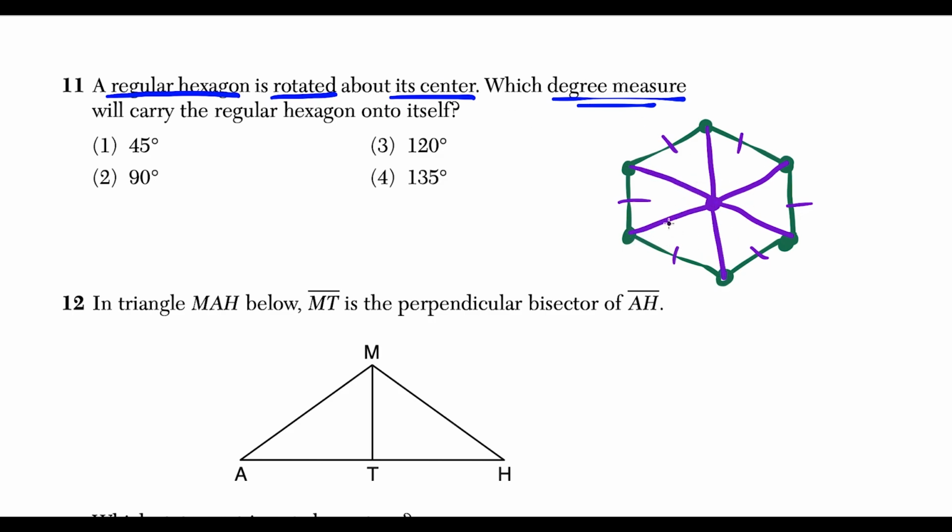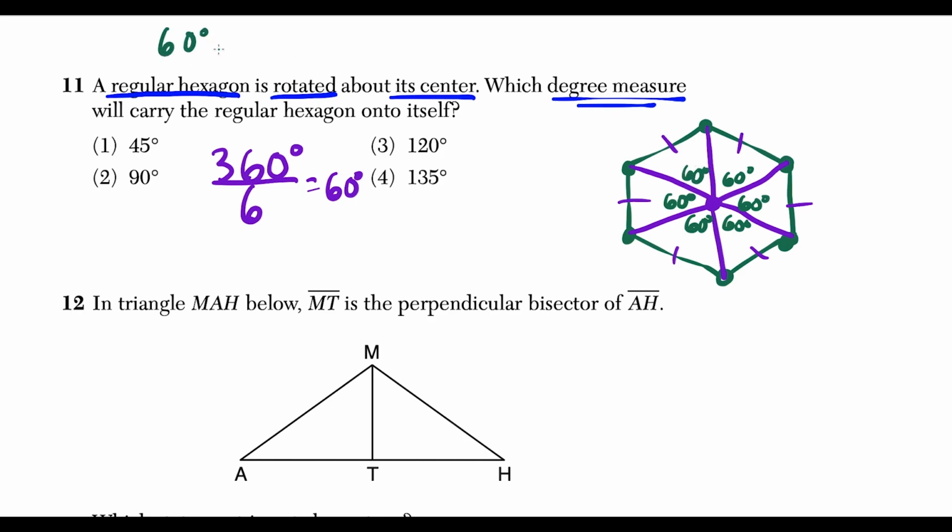So if I want to find the measure of all of these angles, a full spin would be 360 degrees if we spun full circle. But because a hexagon has 6 sides and 6 points, we divide this by 6, and that tells us 60 degrees, that's the measure of each of those central angles. So this would be 60 degrees, and all these other central angles here are 60 degrees. So we would be able to spin this thing at any multiple of 60 degrees, and it would carry it onto itself.